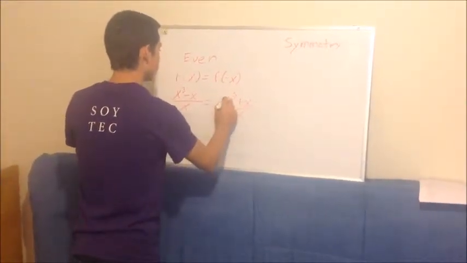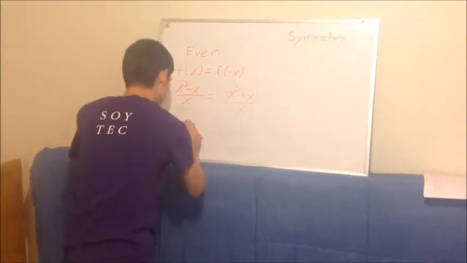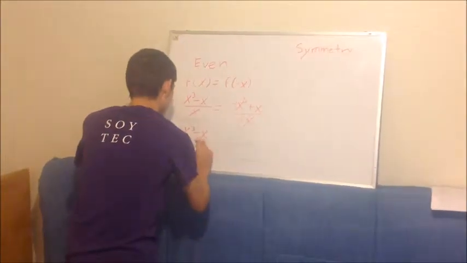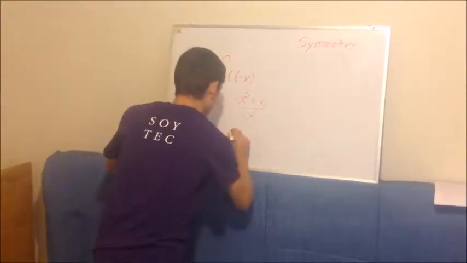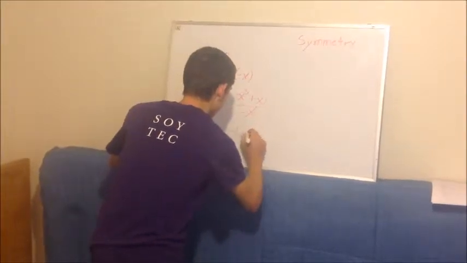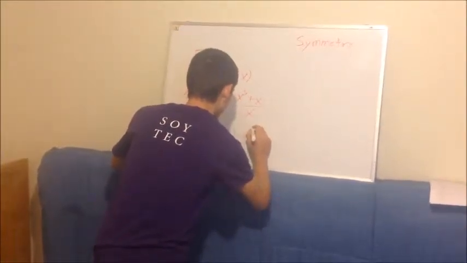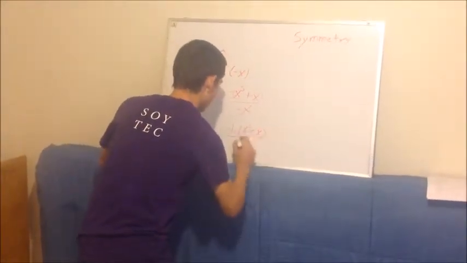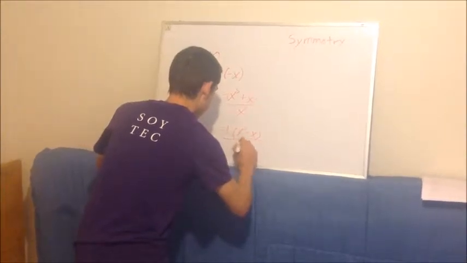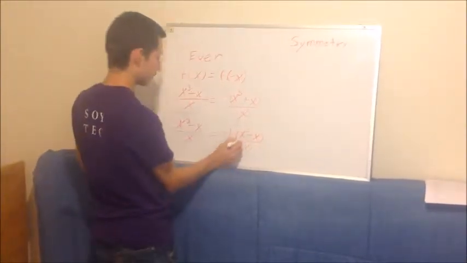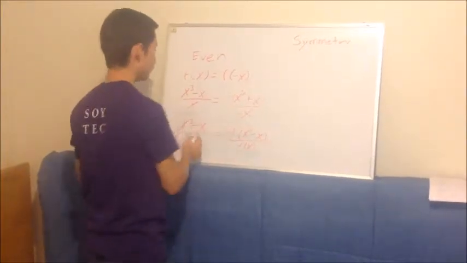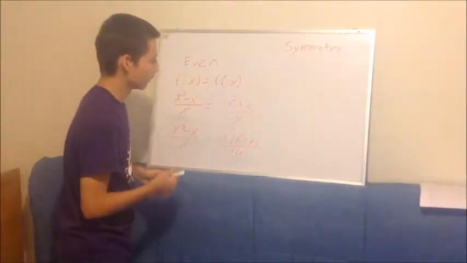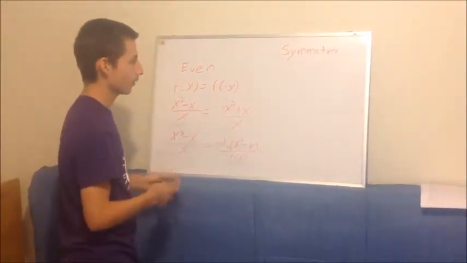You factorize the minus 1, and it is x cubed minus x over x is equal to minus 1 times x cubed minus x over x, and simplify. This is equal to this, and the function has even symmetry.